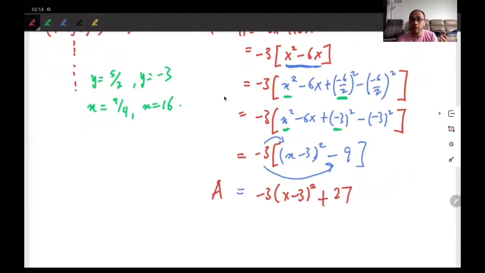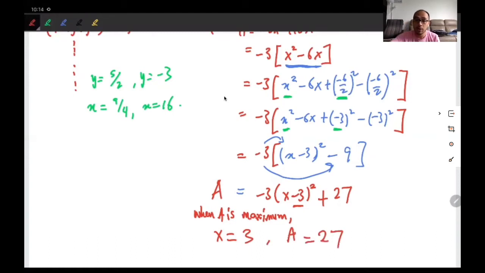So this is an important thing. What is the value of x when a is maximum? When a is maximum, x must be equal to 3. And the maximum value of a is actually 27.